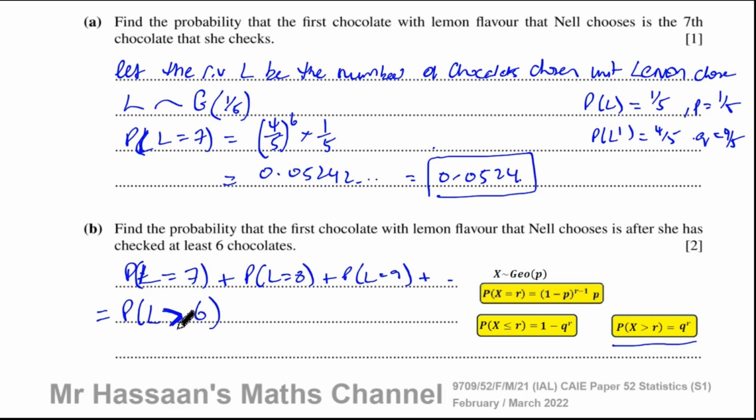She's already checked at least 6 chocolates, so you want more than 6. So that's going to equal Q, which is 4/5, the probability of failure, to the power of 6. And that will give you the probability that the random variable is greater than that value r.